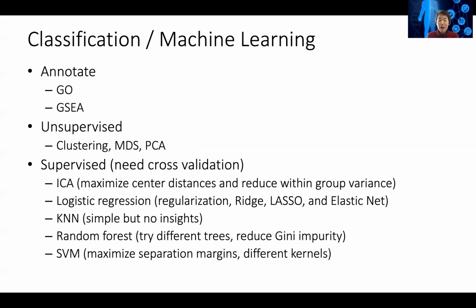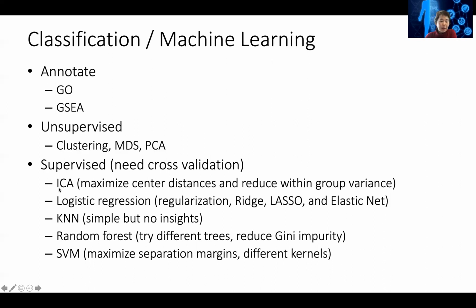And so we might want to use supervised machine learning approaches, where we try to identify features that can really separate the samples between the two classes. And so there is feature selection involved. And there are also a number of different algorithms that are under development.